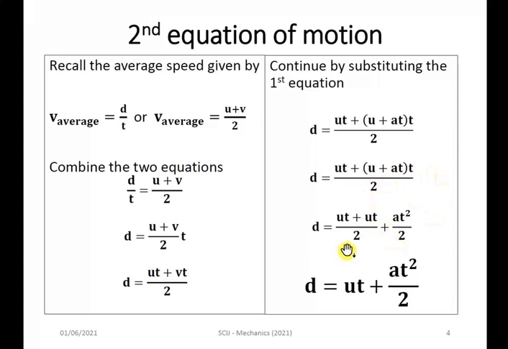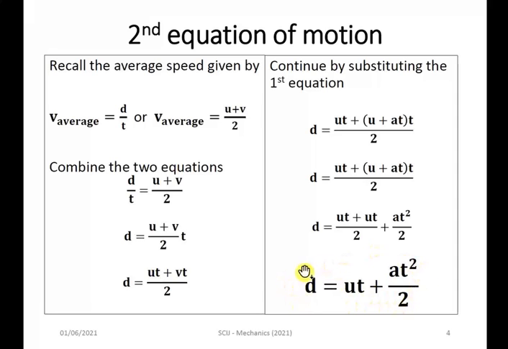You just have to be expert in handling fractions and expansion and factorization of expressions. You have to master that, and you arrive at the distance covered being equal to the initial velocity multiplied by the time plus the acceleration times time squared divided by 2: d = ut + at²/2.